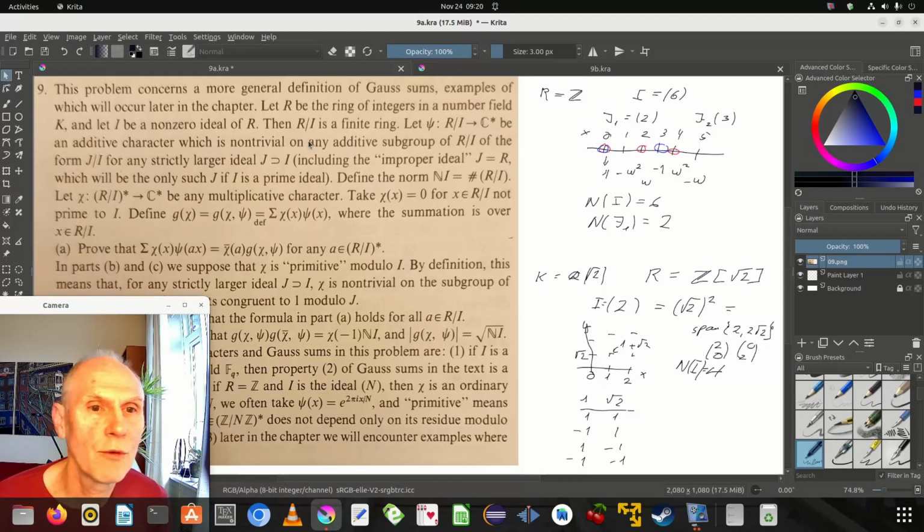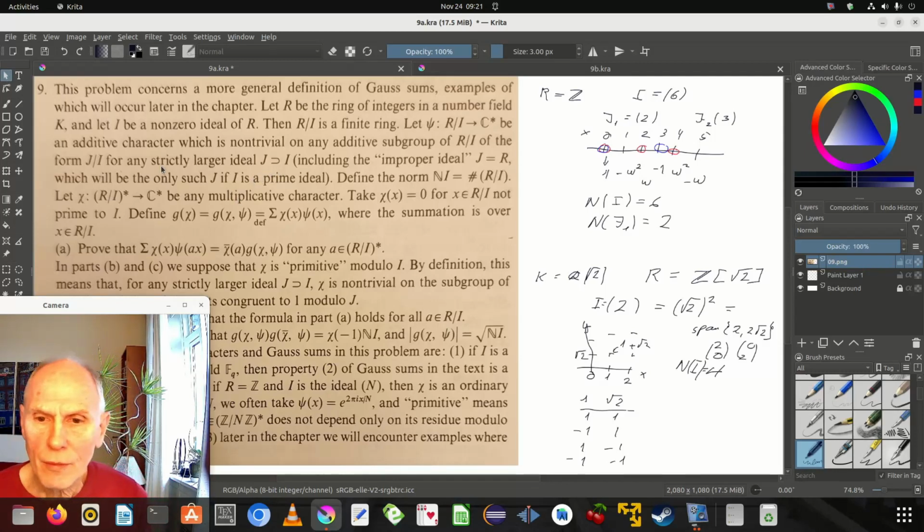I just need to read it once more. Which is non-trivial on the additive subgroup of the form J modulo I for any larger ideal. Yeah. So we need to check the ideal of square root 2. Then these guys. So that means that it's only 0 and 1.